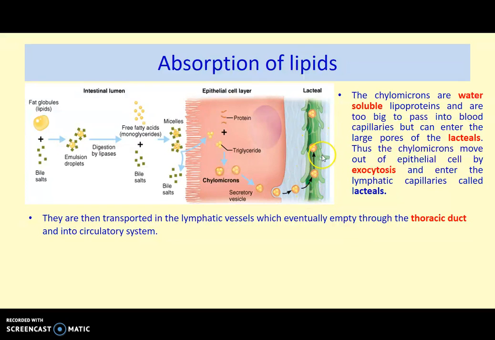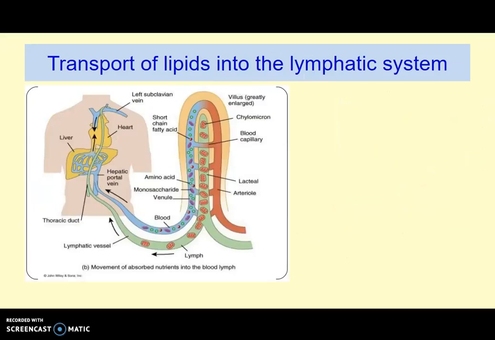These lacteals are part of the lymphatic system in the middle of a villus, and they will flow into there. They're then transported in the lymphatic vessels, which end up through the thoracic duct, a little duct that goes from the lymphatic system into a vein up near the heart. They're then put into the blood.